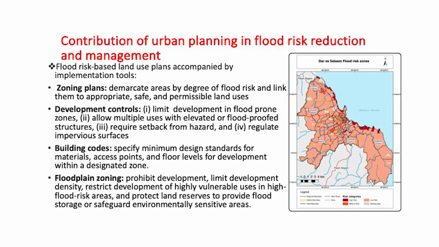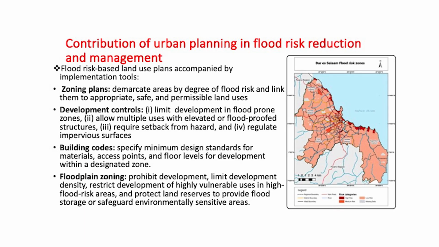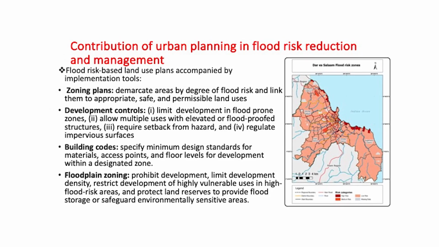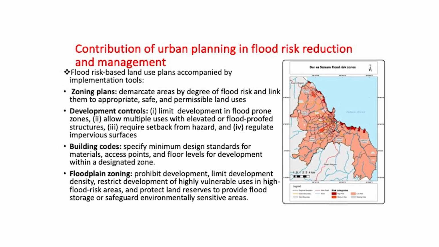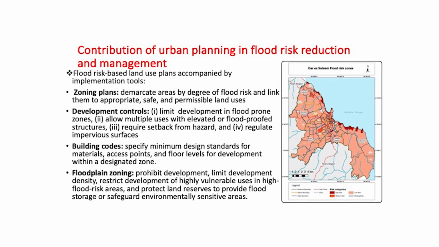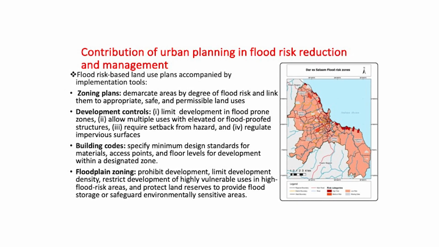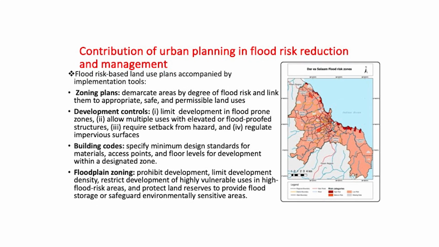So when urban planners are able to generate maps which show different levels of risk within a city, then these maps can be used to guide where development has to occur and which restrictions have to be put where, so as to limit or reduce flood disasters.